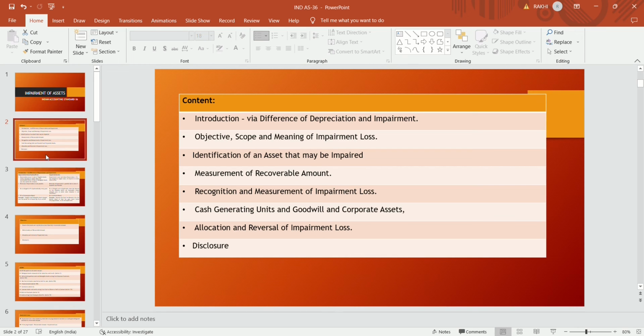This standard also discusses goodwill and corporate assets. It also guides us on how to allocate and reverse impairment loss, and then the disclosure part. So these are the contents of this standard which we will discuss step by step.